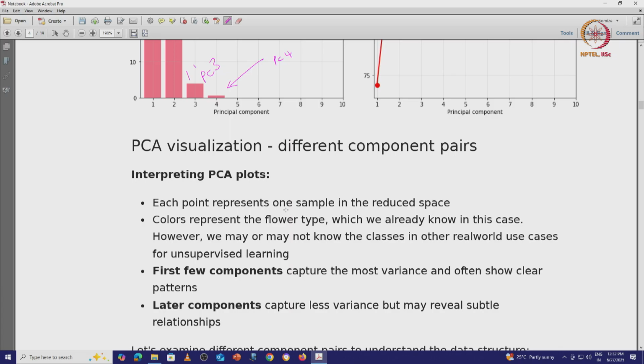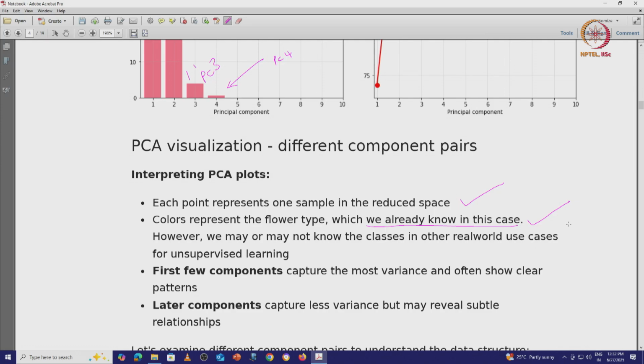Okay, so now that we do have the principal components, we can visualize different component pairs, and each point will represent one sample in the reduced space. You can plot, for example, the data points in the space of PC1 versus PC2 or PC3 versus PC4 and so on, and in this case the colors represent the flower type, and like I said, we already know these in this case.